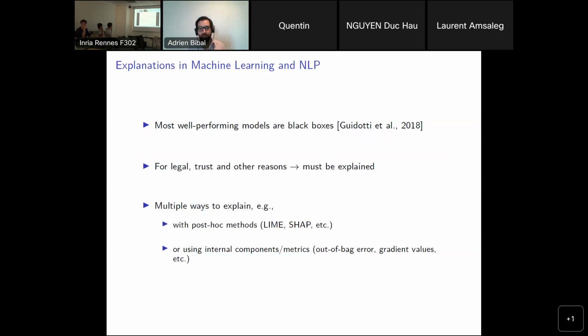We can use post-hoc methods, meaning methods that are external to the model in order to get an idea of what's inside the model. That's very useful when we don't have any access to the inner workings of the model. But we can also use the internal components or metrics that are learned during the training process of the black box to explain the black box.